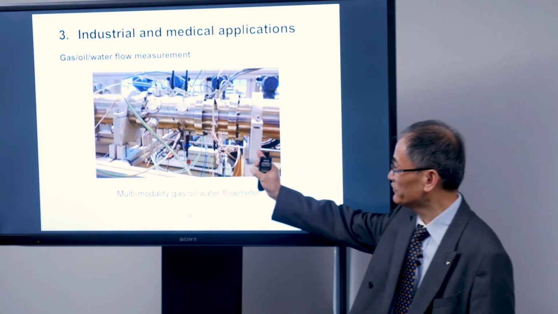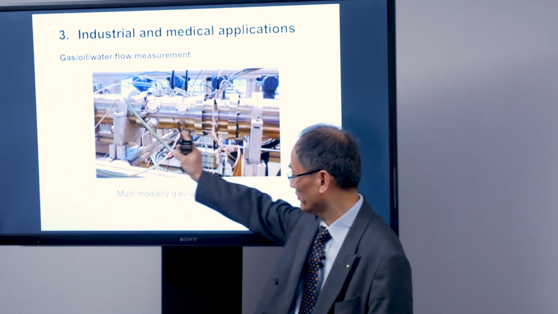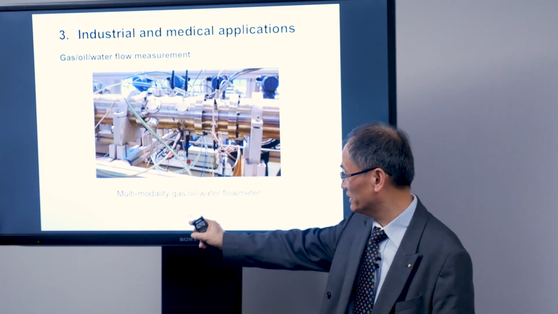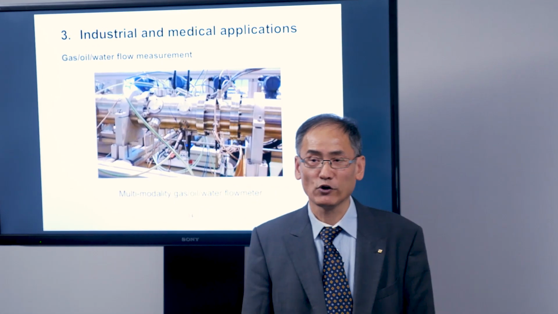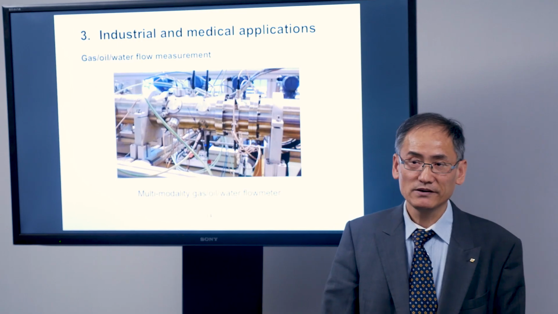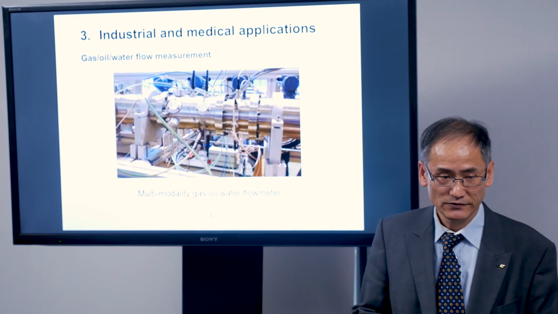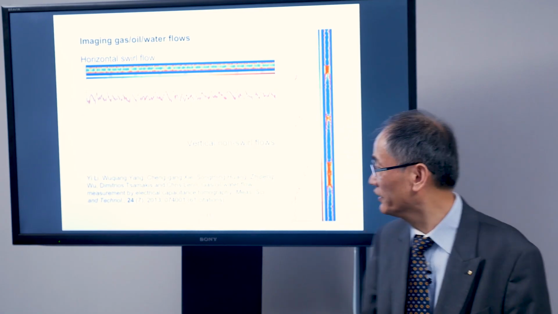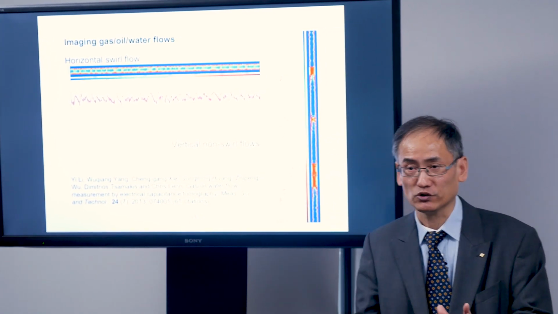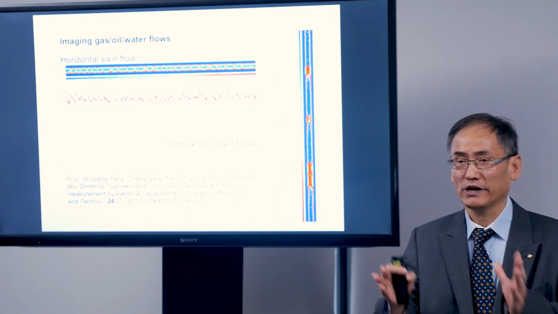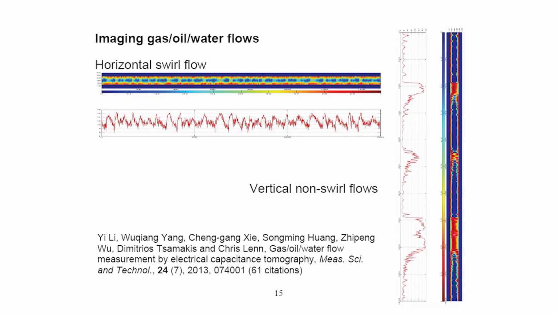This is a sensor we developed. This is a multi-modality gas oil water flow meter. In this design, we have several different operation modes. We have ECT, we have microwave, we have ultrasonic, Venturi. This is a multi-modality measurement system.